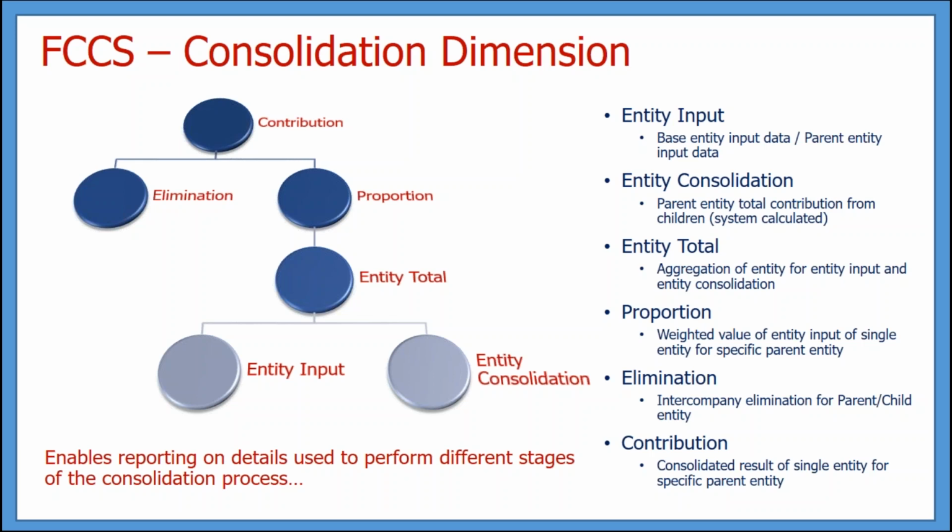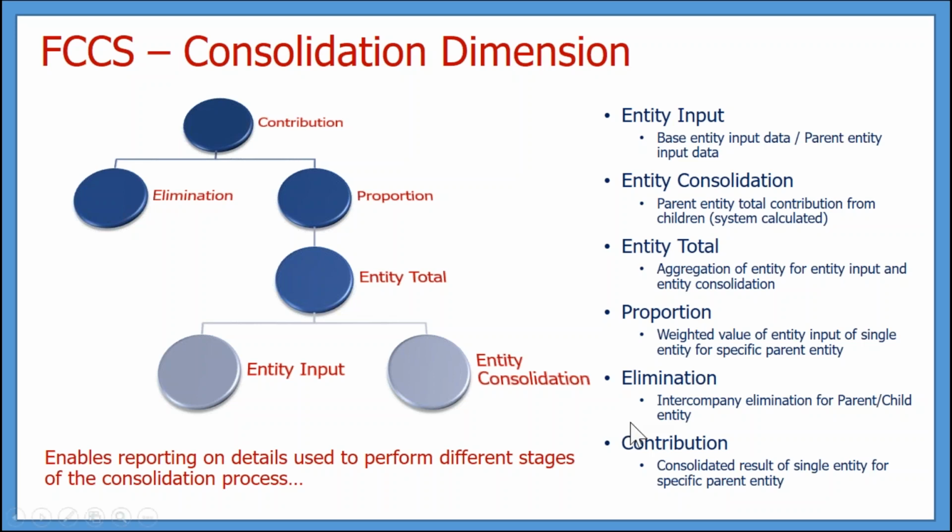That is where all of the data from your source system is stored. Then it has a concept called entity consolidation, and this is where the parent entity total contribution from the children is performed. This is a system calculation. So FCCS is doing this entity consolidation calculation on its own. You define the rules up front as to how these entities get consolidated, and then FCCS handles it from there.